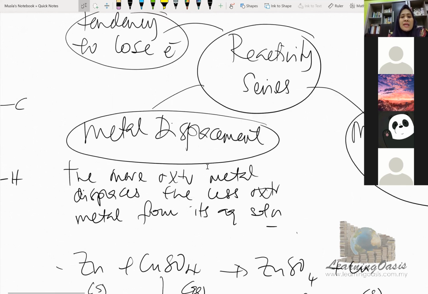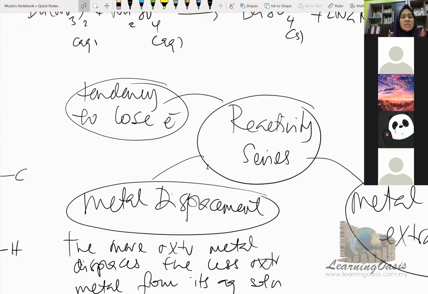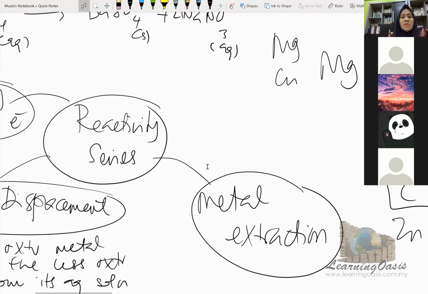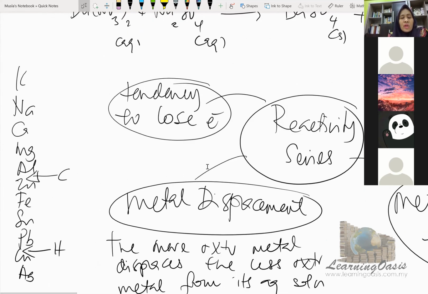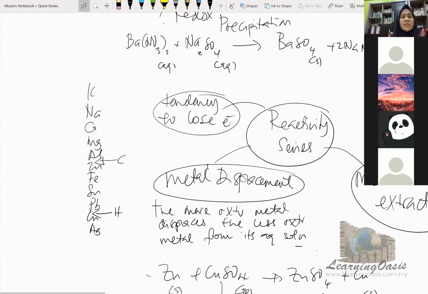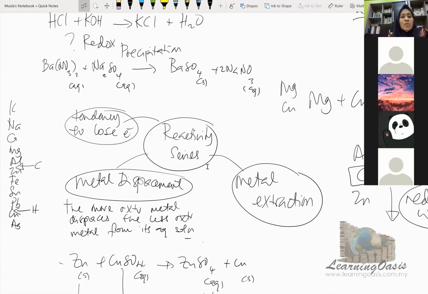And then last class we talked about reactivity series, and then we talked about metal displacement. We talked about metal extraction. Right. So when we talk about reactivity series, recall back. Reactivity series is about tendency of metal to lose electrons. The more reactive the metal is, the greater the tendency to lose electron, right? And then you can see that in metal displacement, you can see it in metal extraction, right?